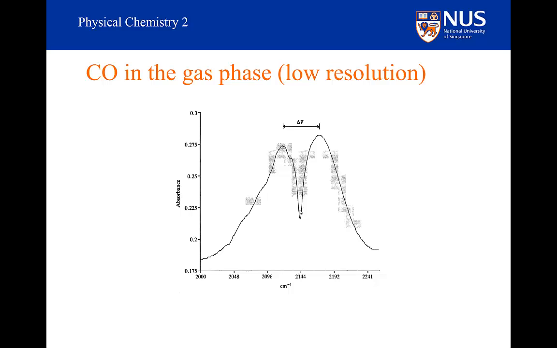If we look at carbon monoxide in the gas phase, but the instrument itself is a low-resolution instrument which is averaging over a wide band of frequencies, then this might be the kind of spectrum we would see. Here the spectrum appears to be centered at a slightly lower frequency than 2170 wave numbers.